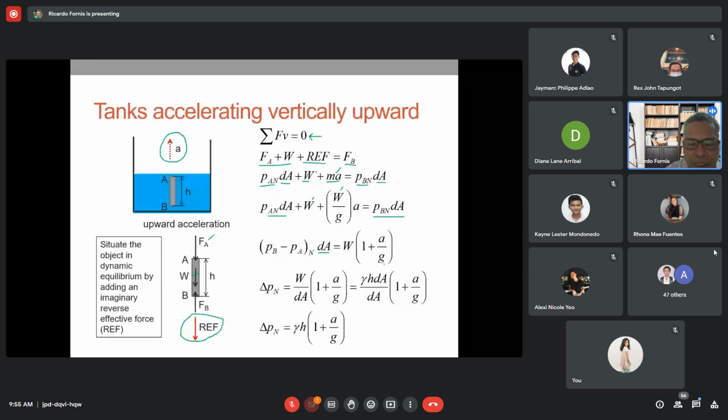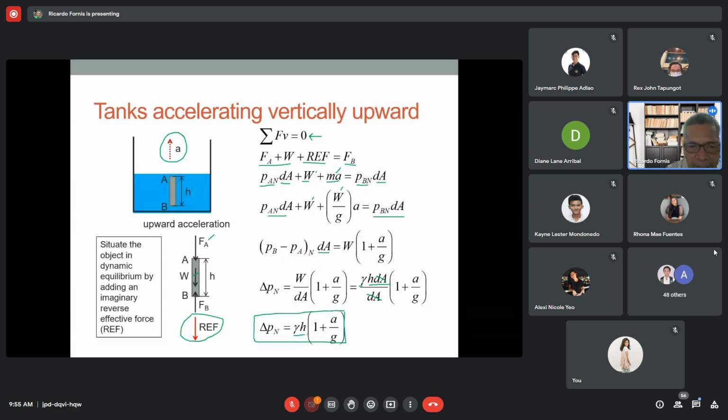Okay, so W can now be expressed as unit weight times volume, where volume is its differential area. So this time we can remove the dA, and you notice that the difference in pressure when the tank is accelerating up is equal to the original value plus the factor A over G times the original value.